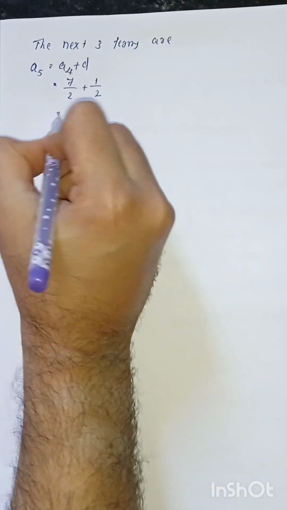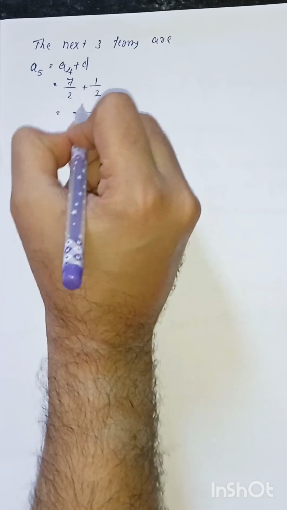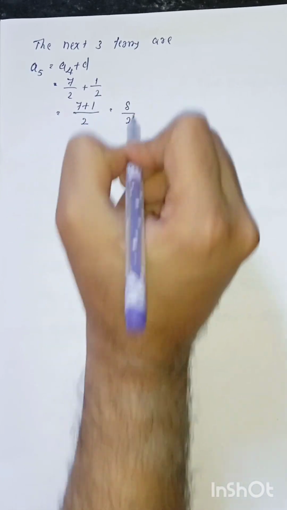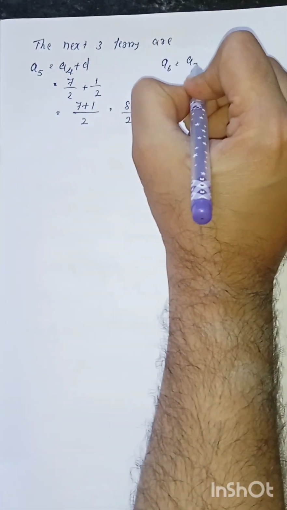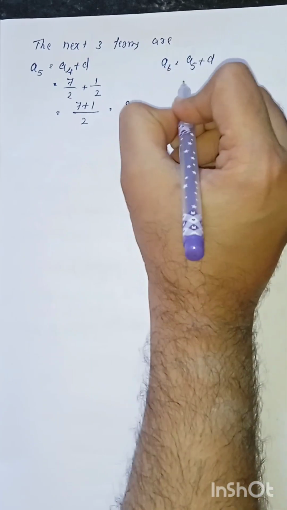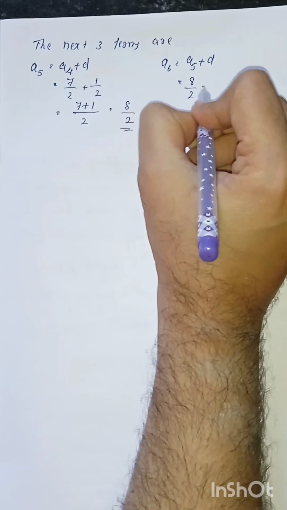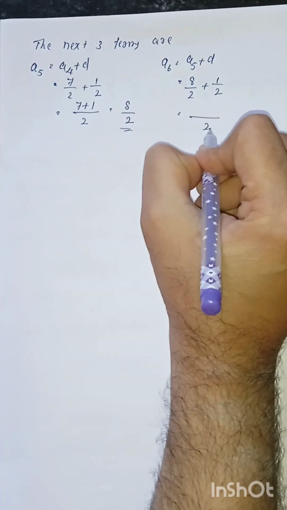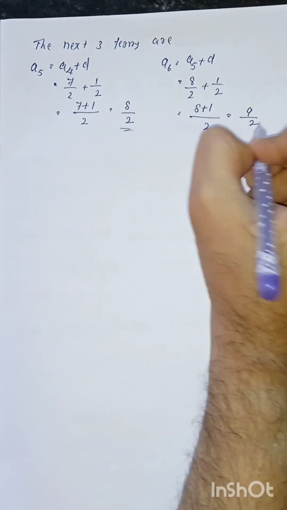Now if the denominators are the same, we can take the LCM as 2 and just add 7 plus 1, that is 8 by 2, which is the fifth term. In the same way, sixth term, A5 plus D. What is A5? We just got 8 by 2 plus 1 by 2. The denominator is 2. Let's take 8 plus 1, that is 9 by 2.